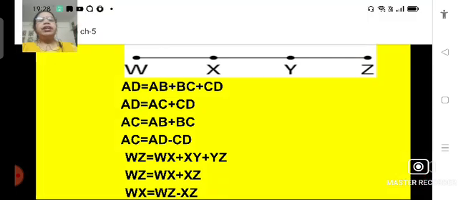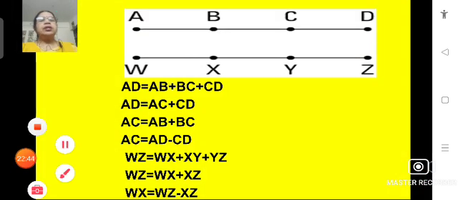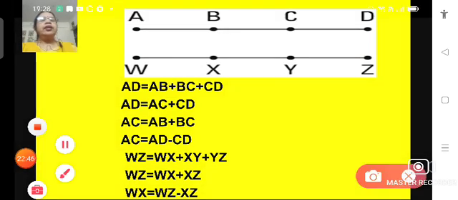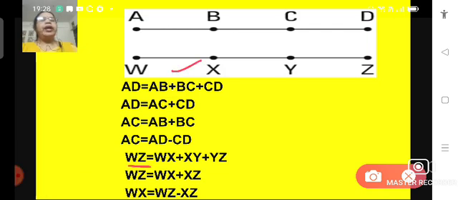And another line segment we have is WXYZ. Here we can understand that WZ is again WX plus XY plus YZ.